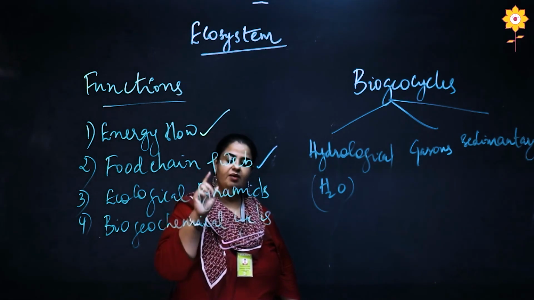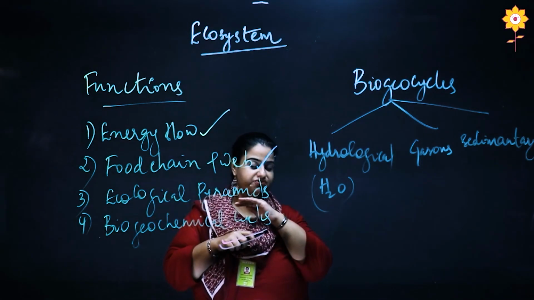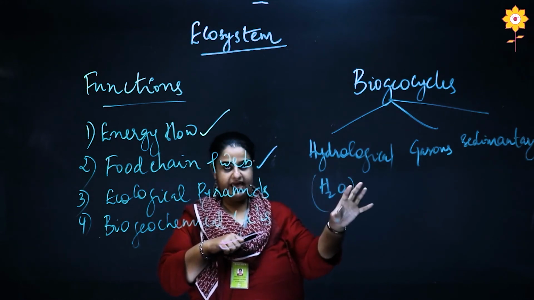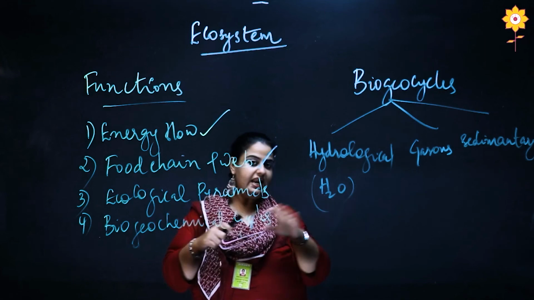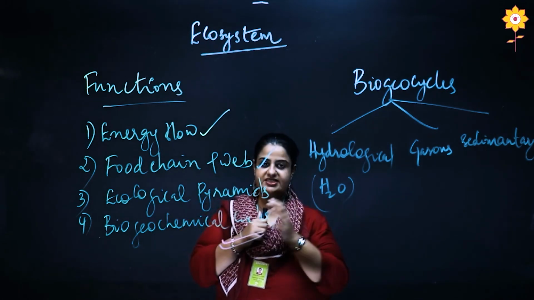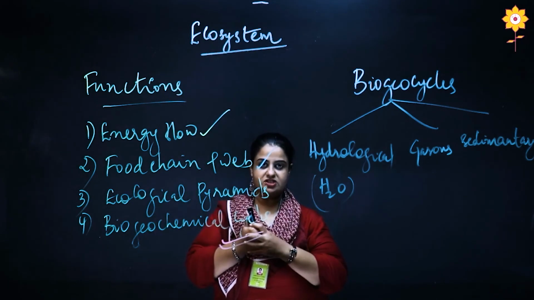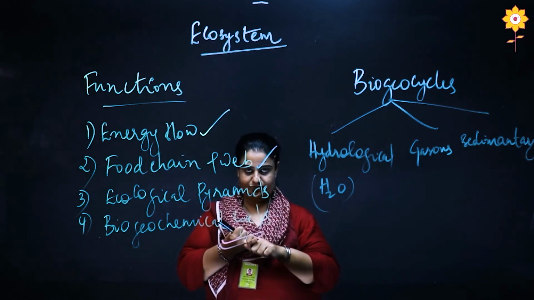When we are talking about biogeochemical cycle, these three aspects are very much predominant because without water, without air or different types of gases and the minerals, life cannot exist. So all these four major functions complete the entire process of ecosystem, its structure and its functional aspect.